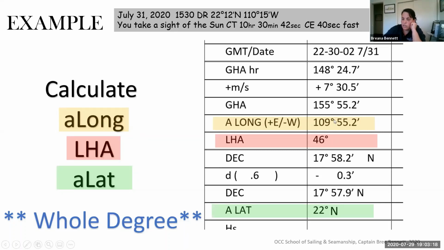So I would be closest to 109 if I had to have the minutes 55.2. So the 55.2 has to stay there so I can get a solid whole degree for LHA.